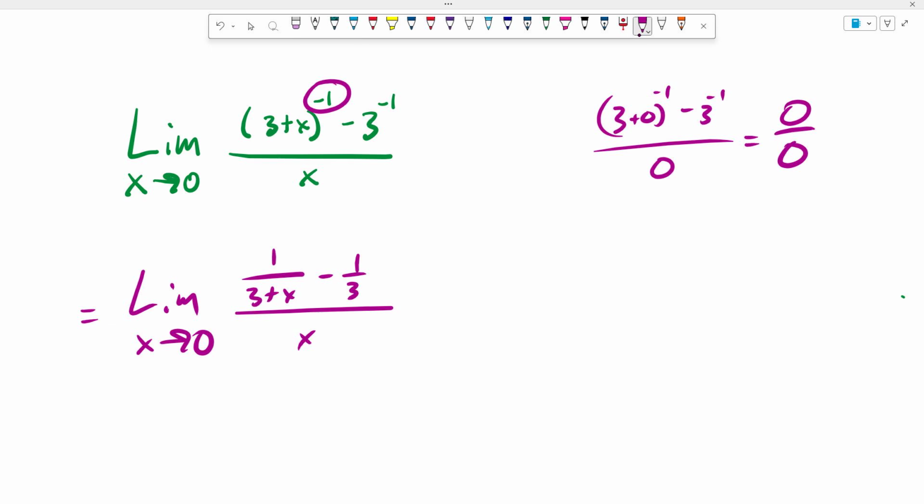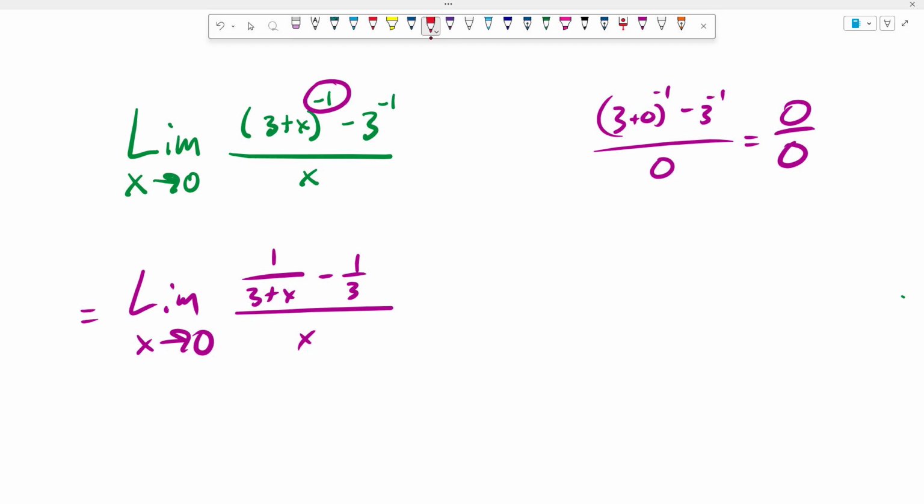So here we got fractions inside of fractions. Sometimes we call that complex fractions. Not like a complex number, just fractions inside fractions. So our trick is just to make one fraction. We don't want fractions inside of fractions, so we got to get a common denominator.